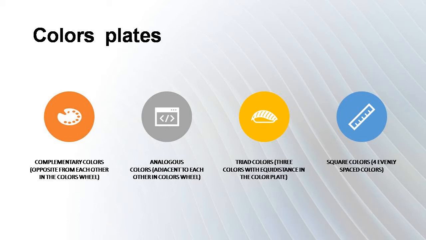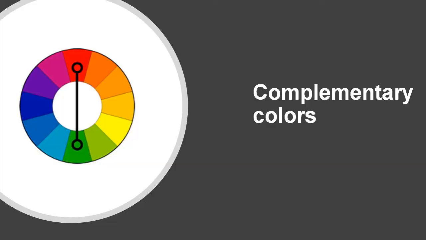The first is the complementary color plate, then the analogous color plate, the triad color plate, and the square color plate. We will discuss what each of them means and how we can use it in our figures and tables, etc. For example, the first one is complementary colors, and here in the figure you can see that in the complementary colors we select exactly opposite colors on the plate.